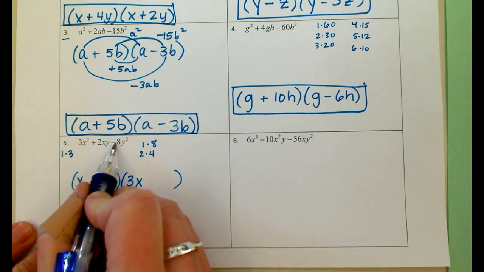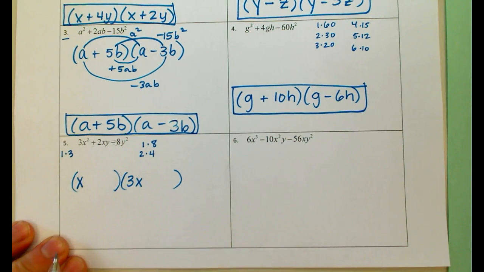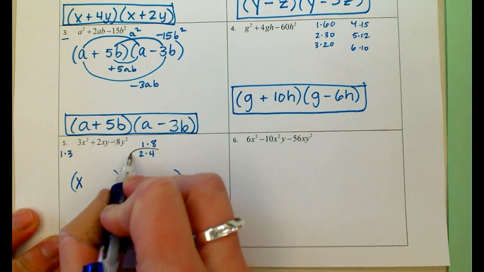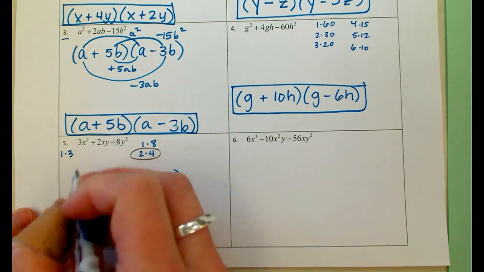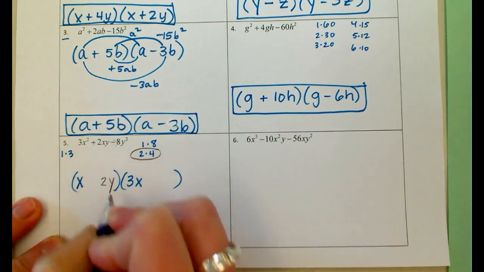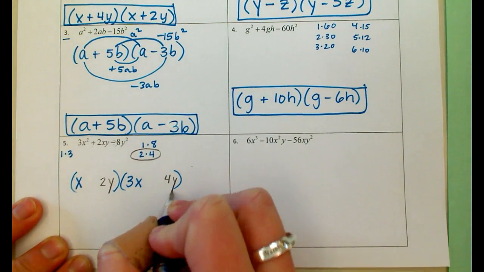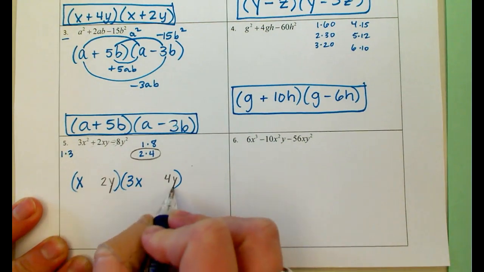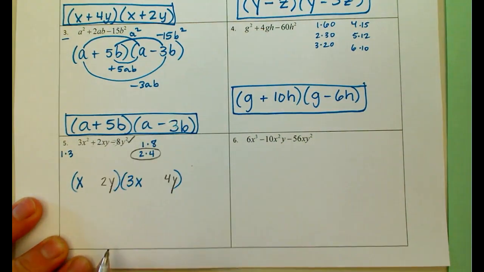I notice this is negative here, so the signs are going to be opposites. I'm going to start off by guessing and checking with my 2 and 4. So I'm going to start with my 2y and 4y, because don't forget, your y times y has to get back your y squared.